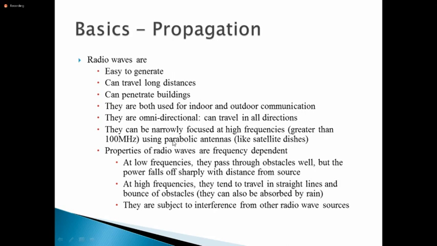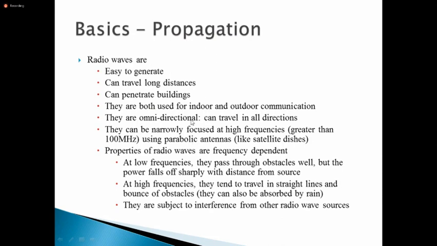So these are a few advantages of using radio waves for communication purposes, right? Now, these radio waves are easy to generate. That's one thing. And then they can travel longer distances, so that is also an advantage. Then they can penetrate through buildings. They are used in both indoor and outdoor communication. They are omnidirectional.